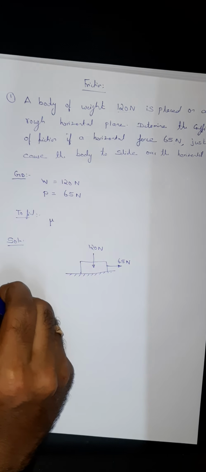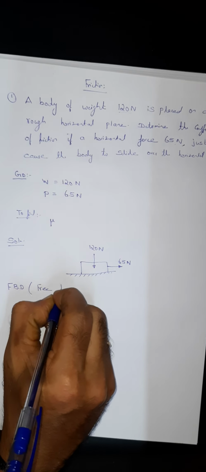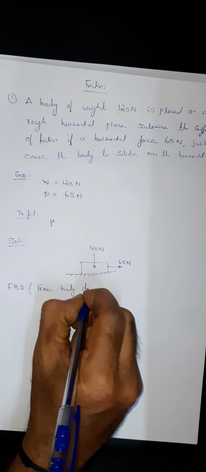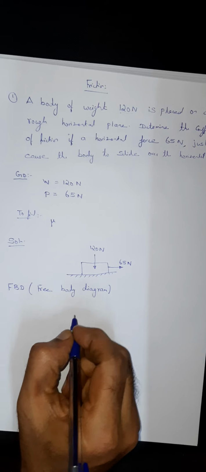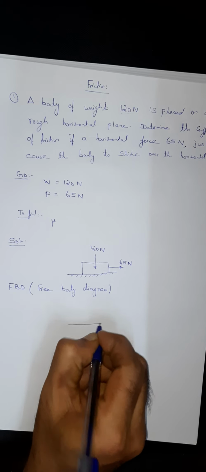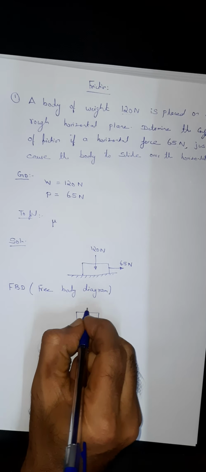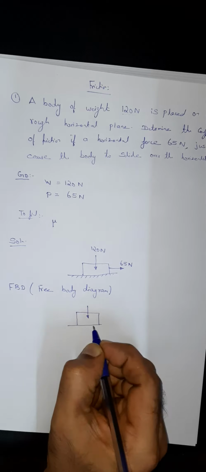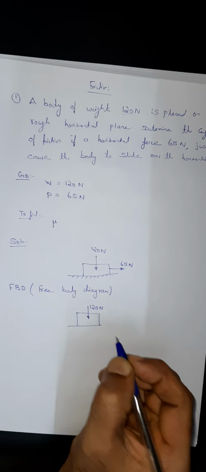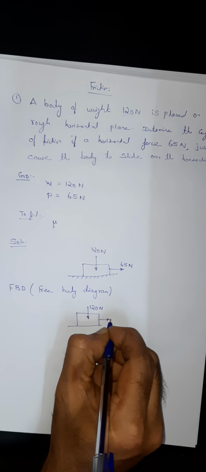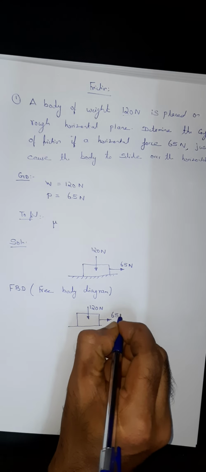Now we are going to draw the FBD, which is nothing but the free body diagram. First you will have to draw the object, and the weight always acts vertically downwards, of magnitude 120 Newton. The external force is applied to pull the object towards the positive x direction.